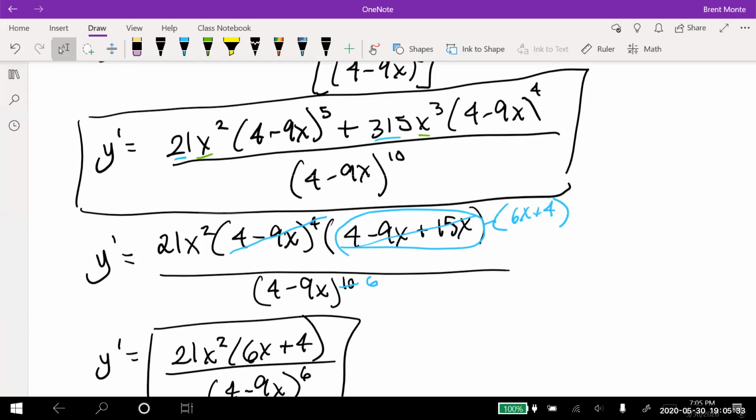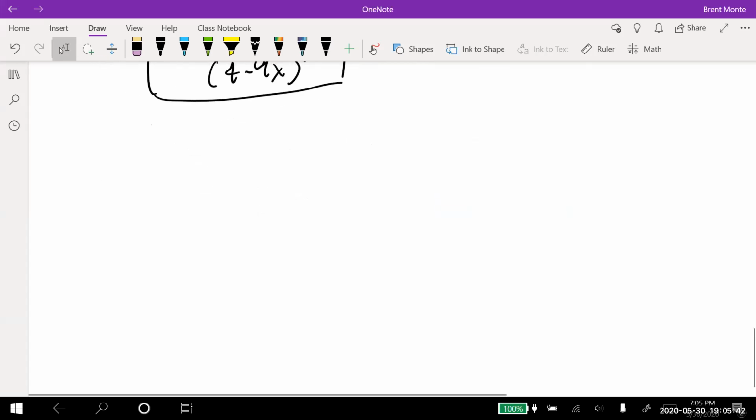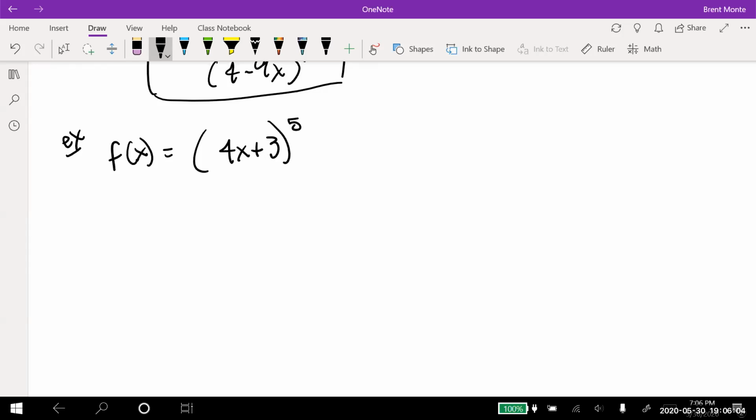All right, let's try another couple of these chain rule problems. So let's go to 18. Now here, let's just throw in a simple chain rule problem along the way before we do 18. Say I've got f of x equals, really simple, 4x plus 3 to the 5th.